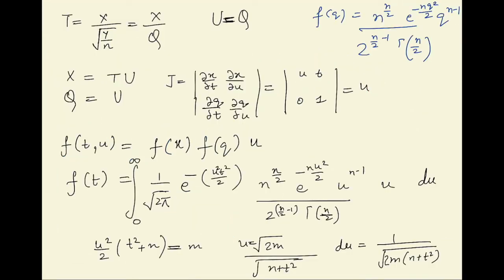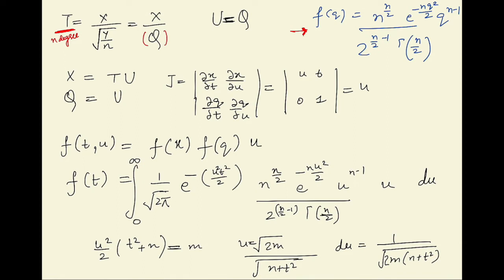So now this is where things get a little untidy. To calculate the distribution of the random variable t, which follows the t distribution with n degrees of freedom, we have to calculate the distribution of x upon root y by n, and we assume root y by n to be random variable q, and we already have calculated the distribution of the random variable q to be this.